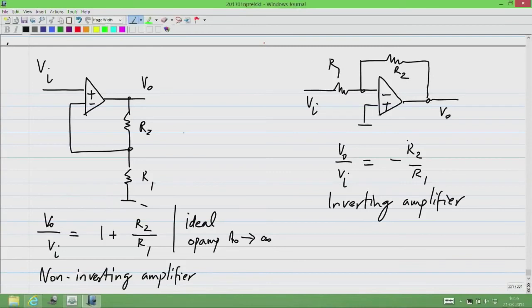Similarly, the gain of the inverting amplifier will be minus R2 by R1. Okay. In fact, I encourage you to replace the op-amp by the control source in the inverting amplifier and calculate the gain. Okay. So you can take it up as an exercise.